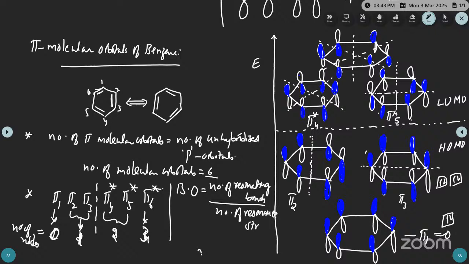How many bonds resonate? 3 bonds are involved in the resonance. 3 by how many resonance structures are possible? 2. This is the one and this is the other. So 3 by 2 gives 1.5. So like that, the bond order of benzene is 1.5.